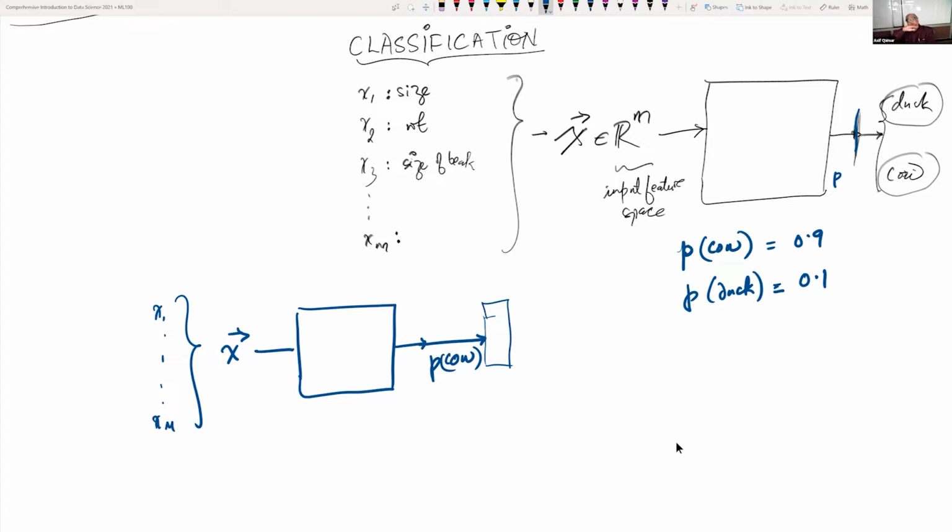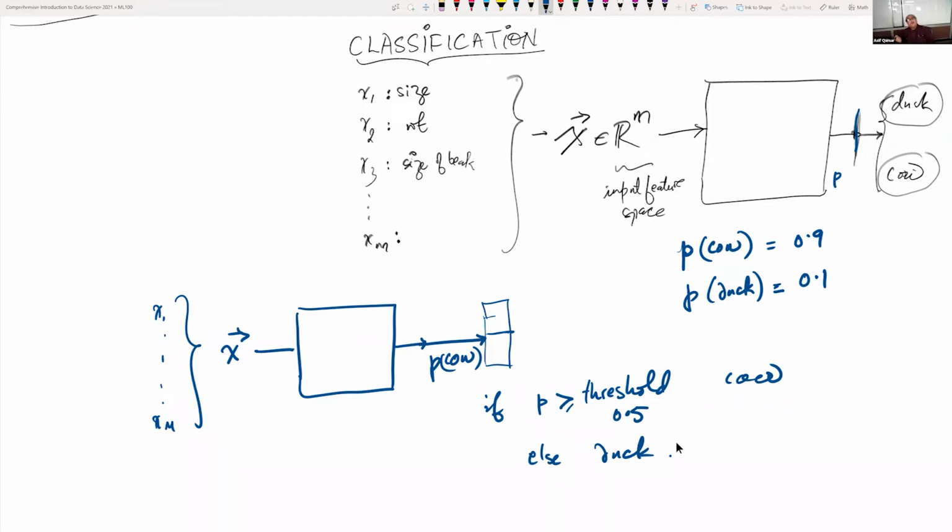You can apply a way to break apart and say, well, if P is greater than some threshold, the most intuitive way you may say in this particular case is, let's say, 50%. Right? If it is 50% or more, then you say it's a cow. Else, it's a duck. So you chose a threshold from a probability.